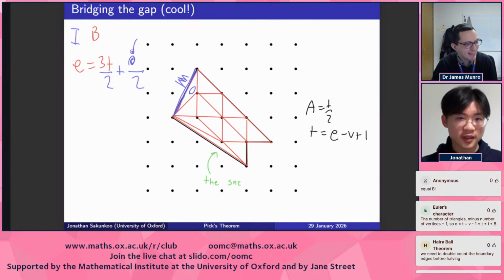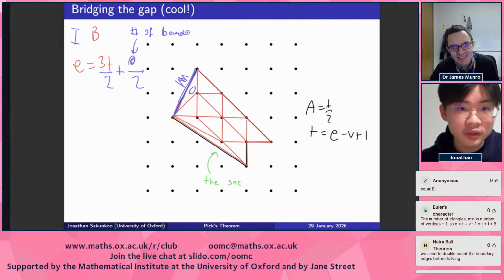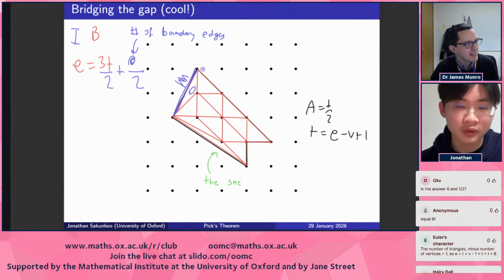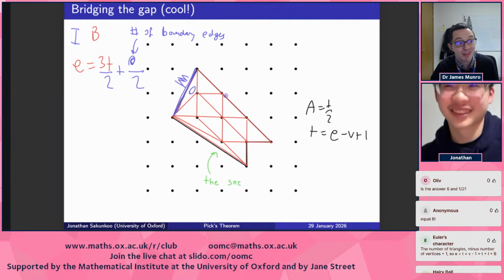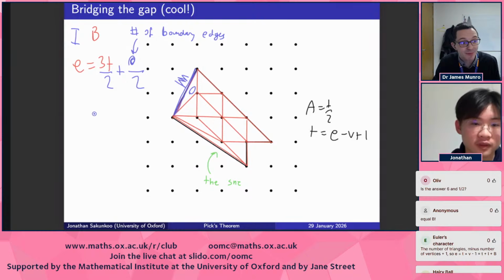Yeah, number of boundary edges. And I think chat's managed to make the last leap, which is the number of boundary edges. It feels like an unknown, but actually we do know the number of boundary edges. It's equal to B, the number of boundary points.